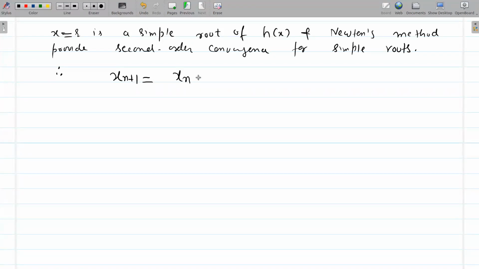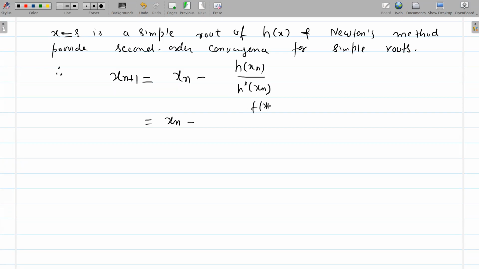So what will be the formula? The formula is the same: h(x) by h dash x. In discrete sense, this is h(xn) divided by h dash (xn). And you can simplify it a bit further. What is h(xn)?